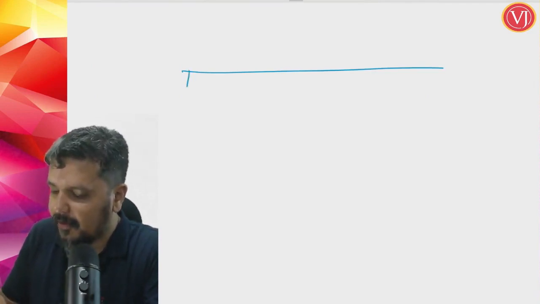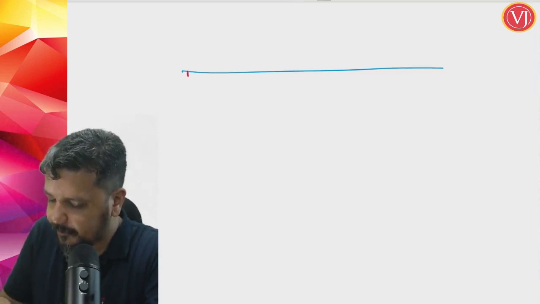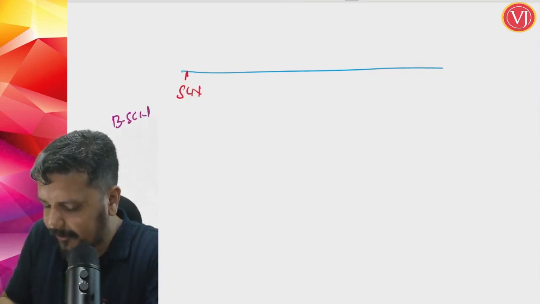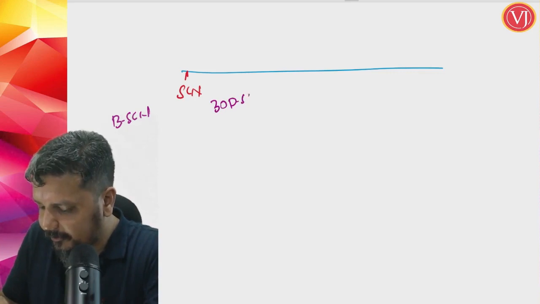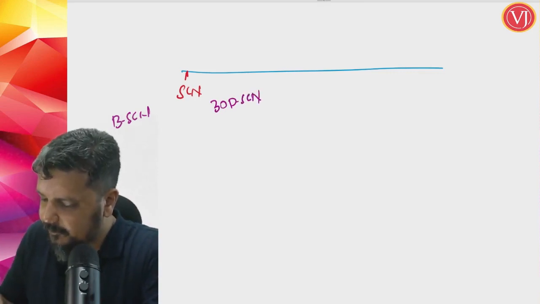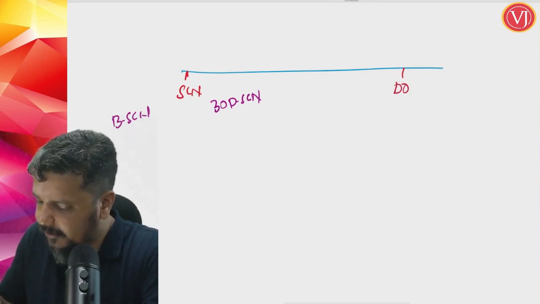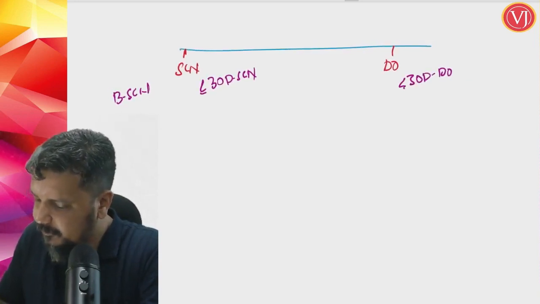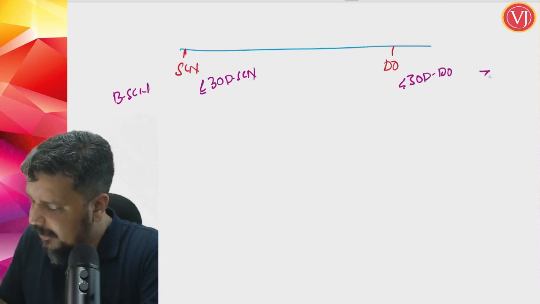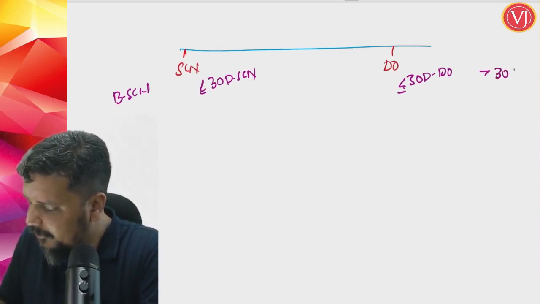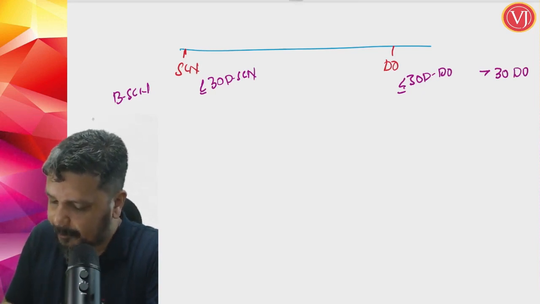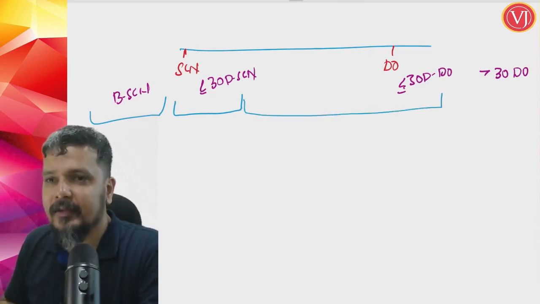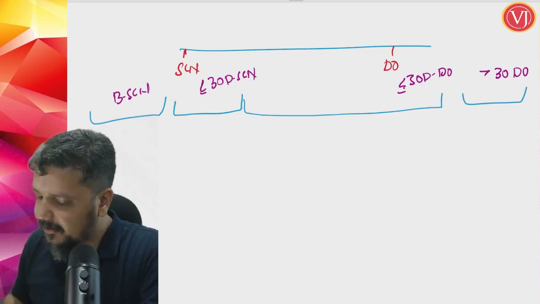Before show cause notice, within 30 days of show cause notice, after 30 days of show cause notice but within 30 days of demand order, and finally after 30 days of demand order.